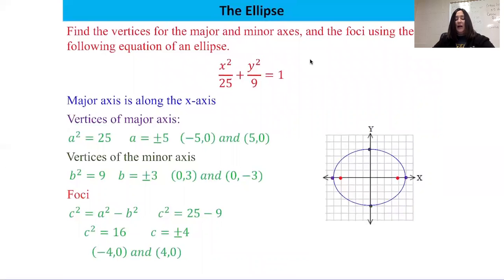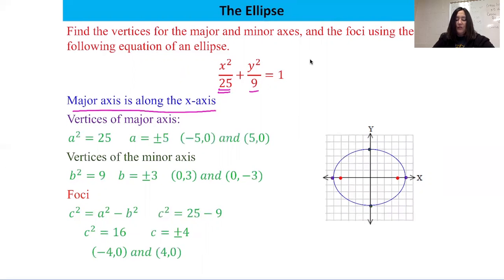It says find the vertices for the major and minor axis and the foci using the equations of an ellipse. So if this is our equation, you can see here that this value is larger than the 9. Therefore, we know its major axis is along the x-axis.